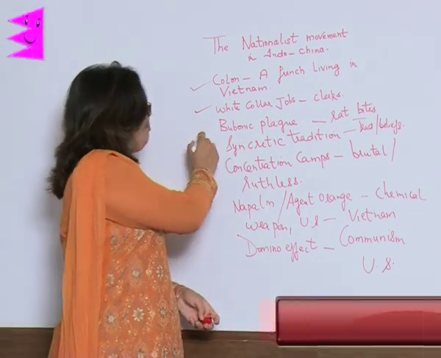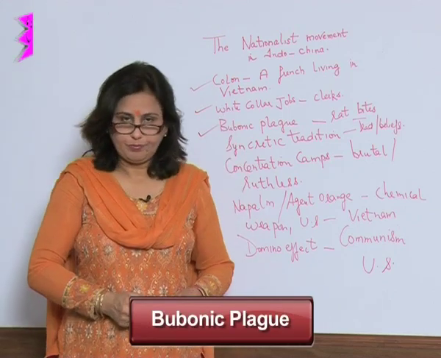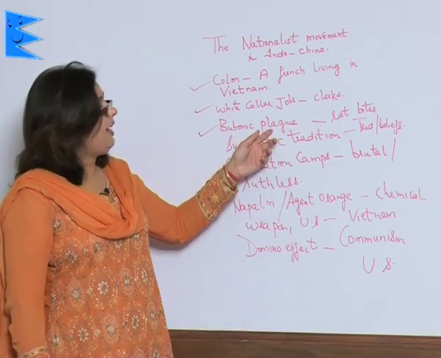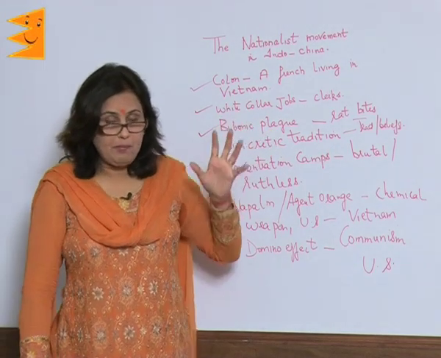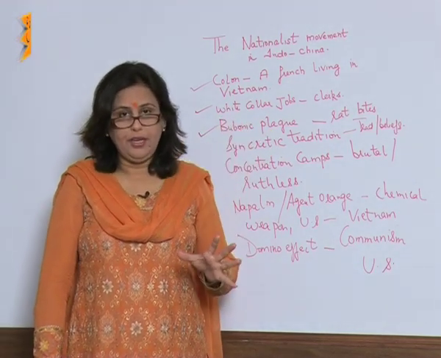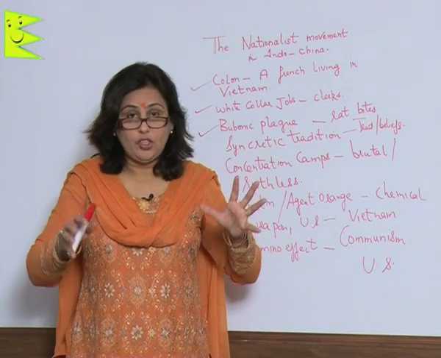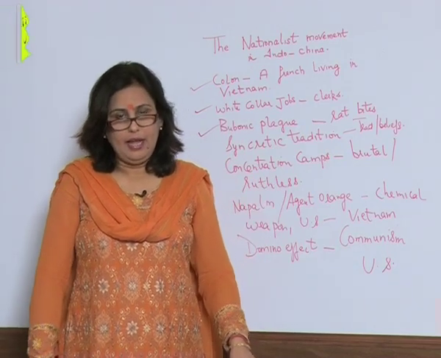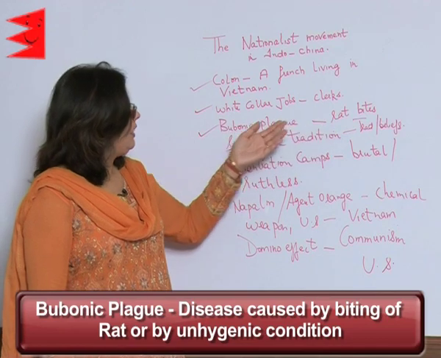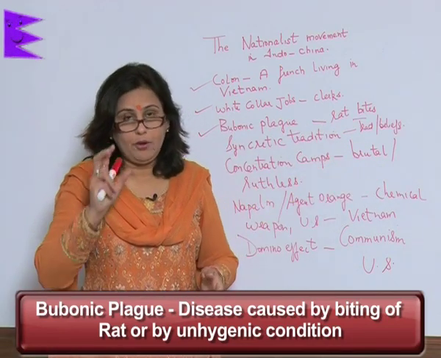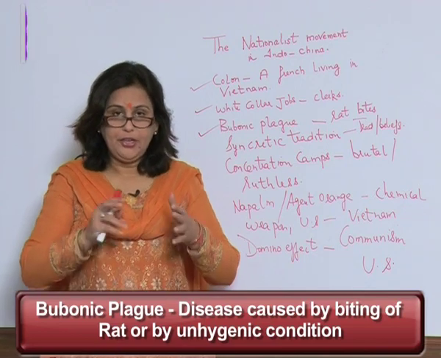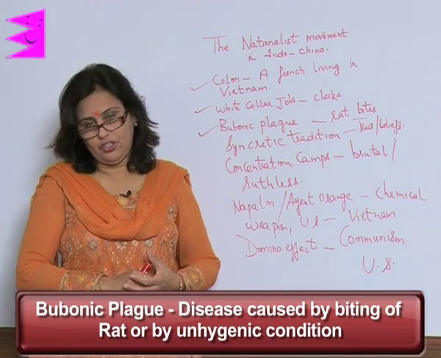Next is bubonic plague. This is a dreadful disease by which certain parts of the body of a man swell, and this plague or disease is caused by the bite of the rat or due to unhygienic conditions.